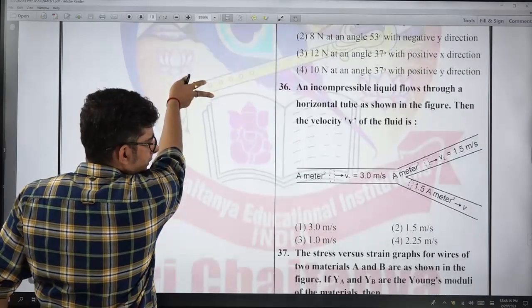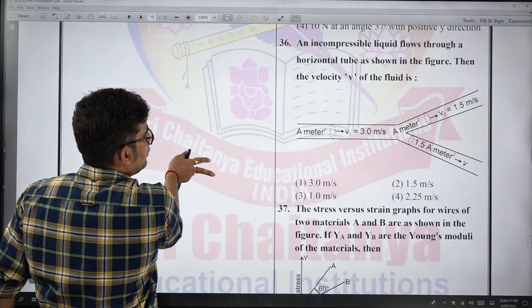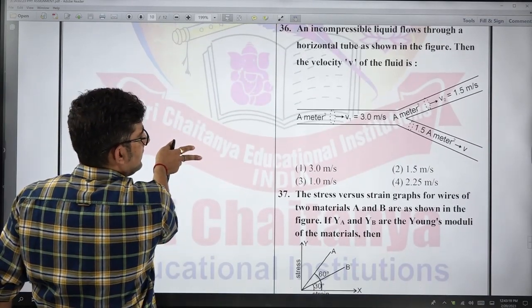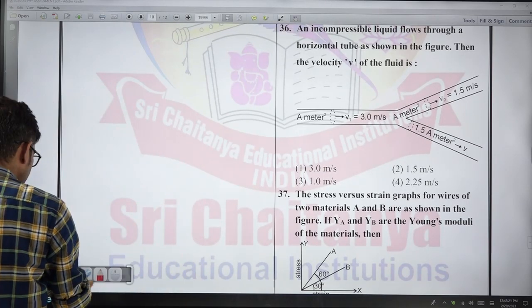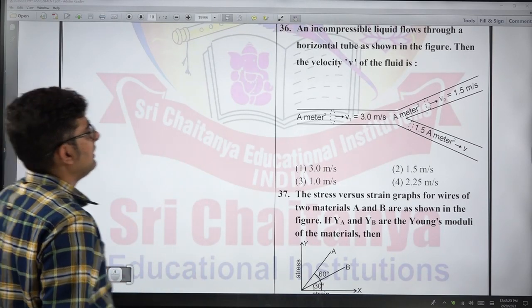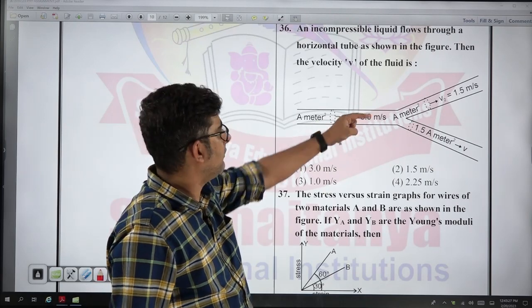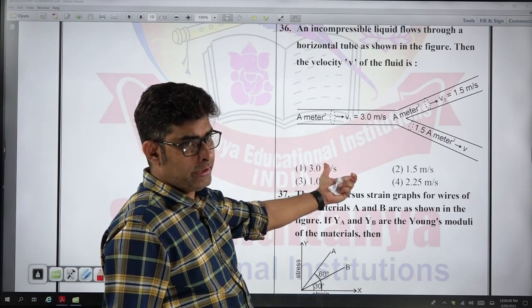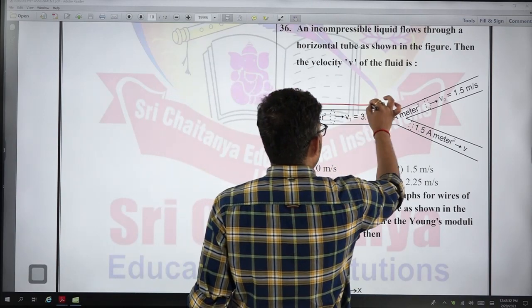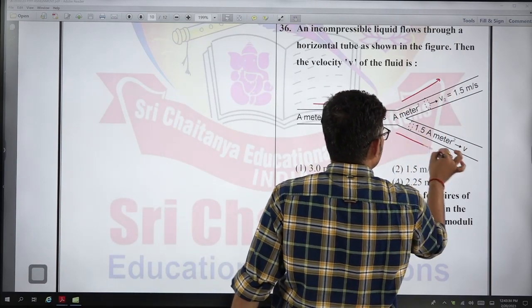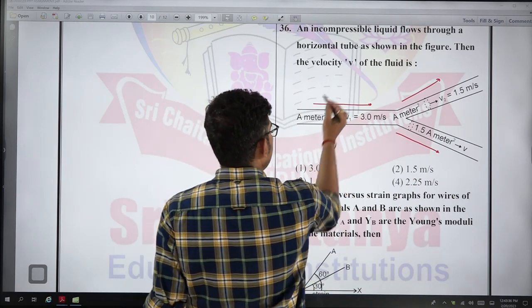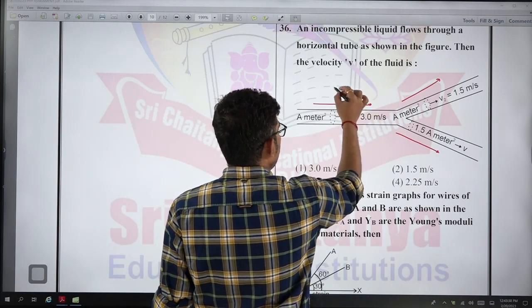Okay, 36. So question 36, what are they saying? An incompressible liquid flows through a tube, then the velocity of the fluid is. Well, equation of continuity, whatever volume rate is coming from here, that is going here. So what is the volume rate here?